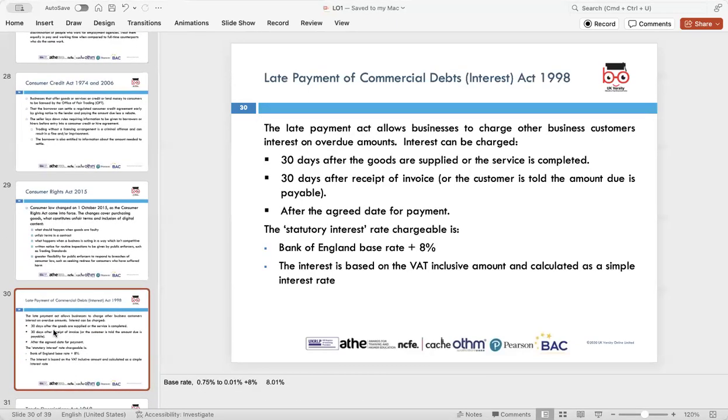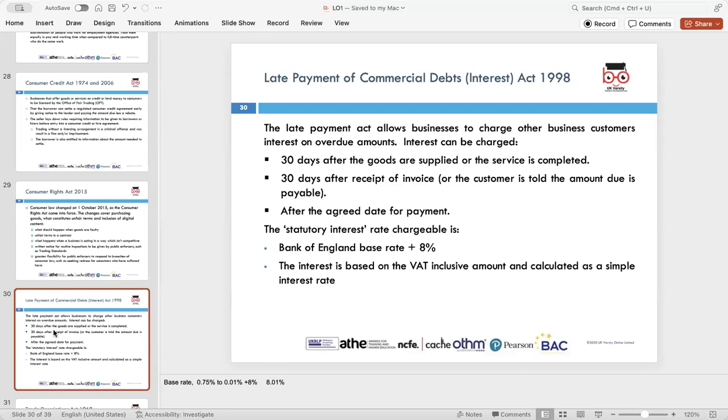Late payment of commercial debts, Interest Act 1998. The Late Payment of Commercial Debts Interest Act gives companies the authority to charge other companies interest on amounts that are past due.